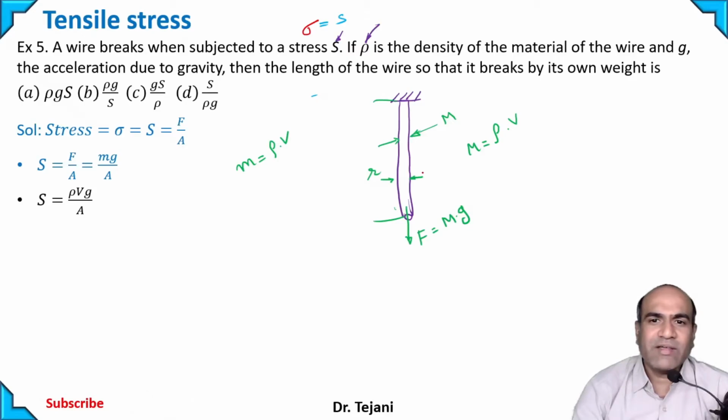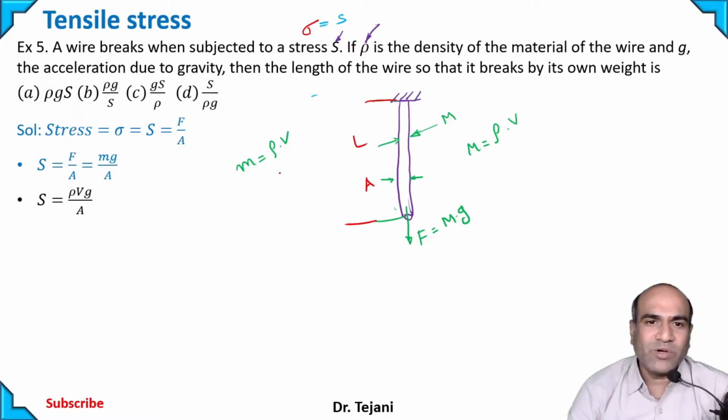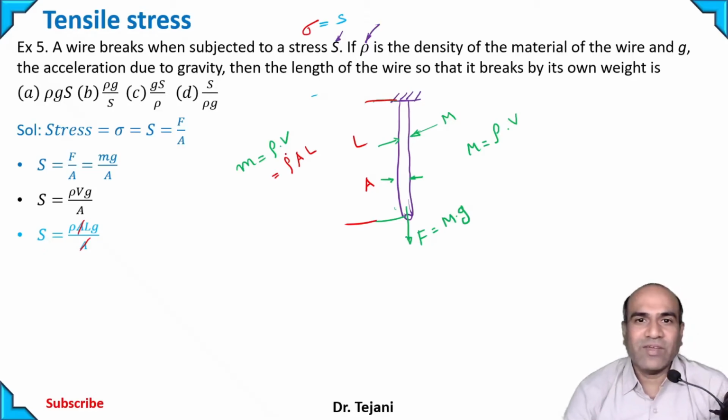Yes, say the rod has area A and length L. So mass is rho A L. Here S is equal to rho A L g by A, we can remove this area.